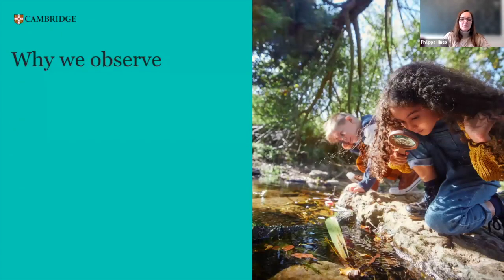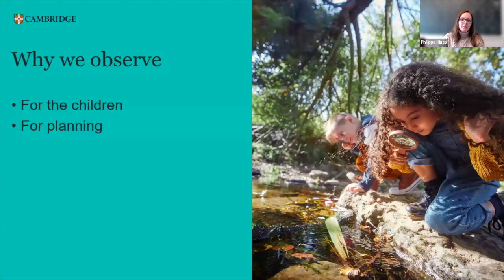So why do we observe then? Well, of course, we need to know more, don't we? Like these children in the picture, we need to find out more. We need to find out where the children are in their learning and development, who they are, and what it is that they like.